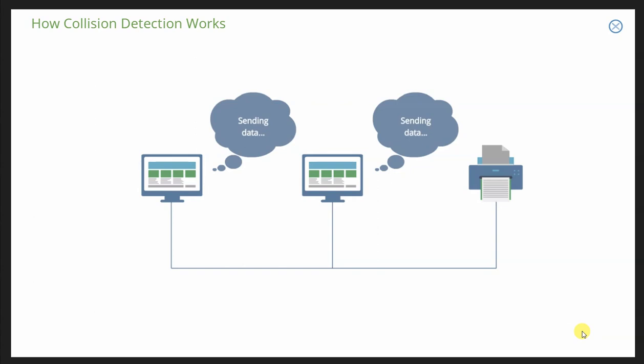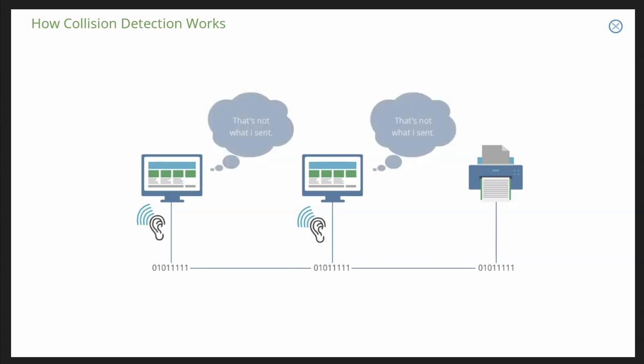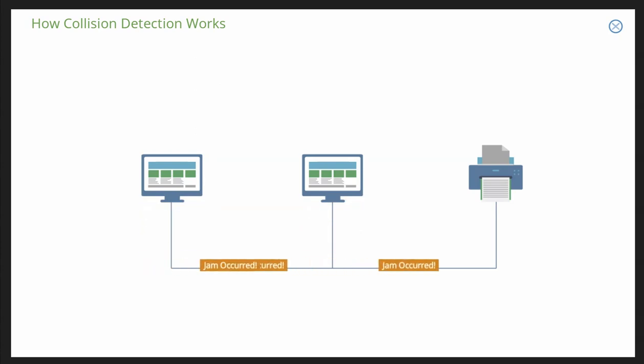In half-duplex Ethernet networks, after a device transmits data, it listens to the network and expects to hear the same data in the exact same pattern. If the device hears a different pattern, it assumes a collision has taken place. When a collision occurs, both transmitting devices send a jam signal. This jam signal indicates to all other devices on the segment that there has been a collision and they should discard the partial frame they have received.